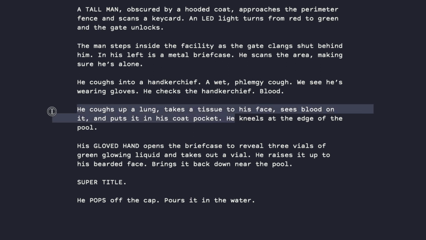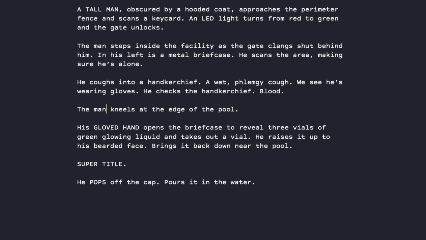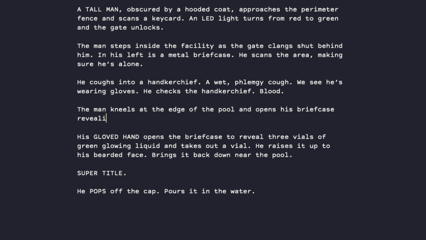I'm going to say the man kneels at the edge of the pool and opens his briefcase, revealing, and let's capitalize these vials to emphasize them, 3 glowing vials of green liquid.